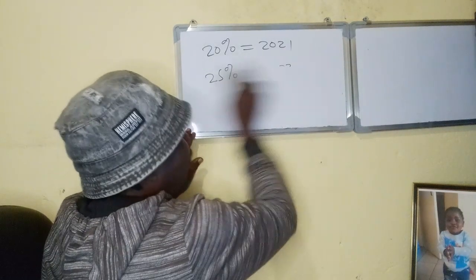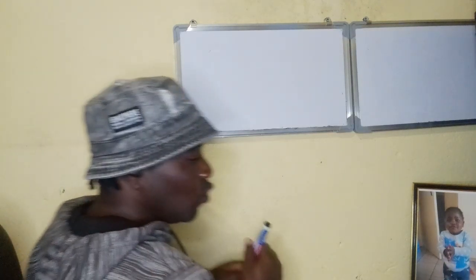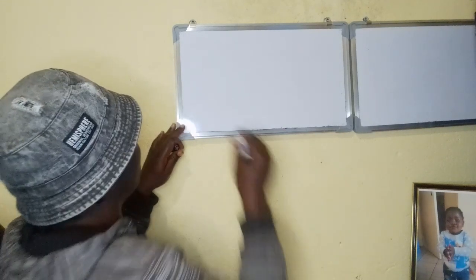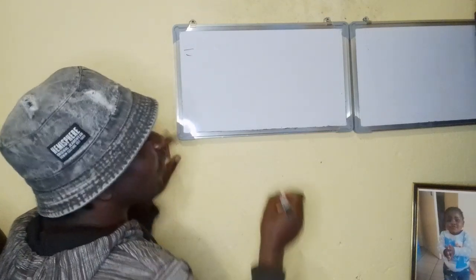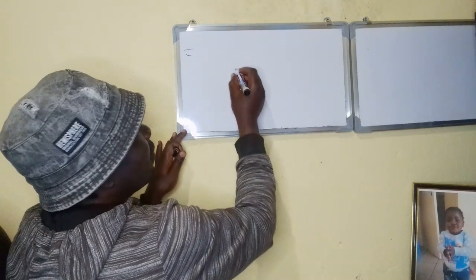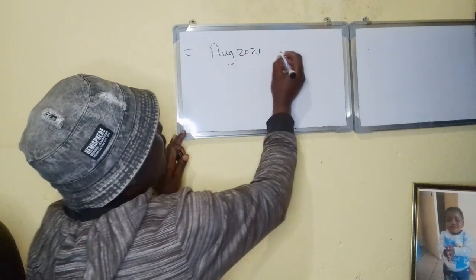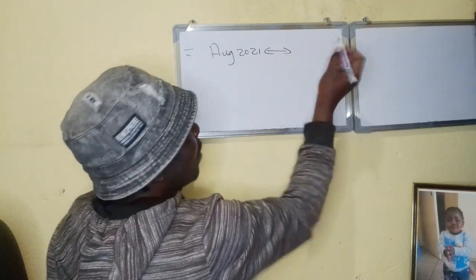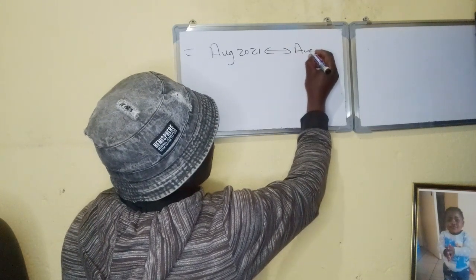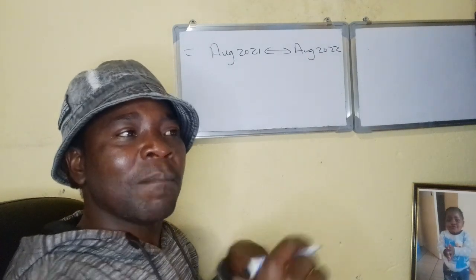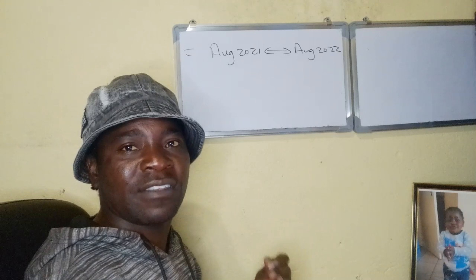And there are two methods of calculating inflation. I might not articulate it properly with words, but I think it's in my notes. The first method, you compare the CPI for August 2021 with the CPI for August 2022, for example. You compare the inflation for the same month of the current year and the previous year.